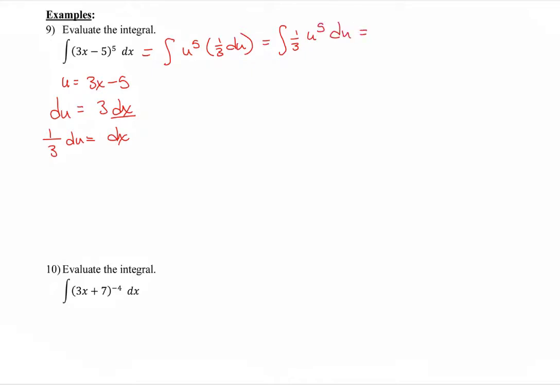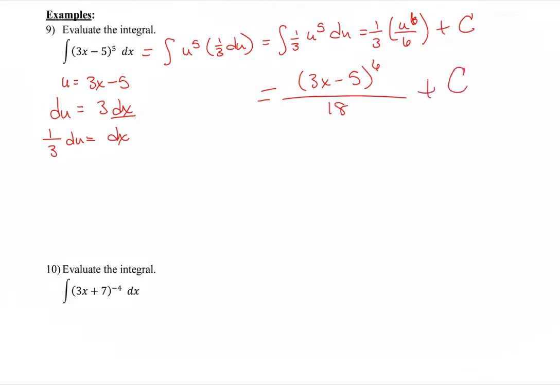Now we integrate. 1/3 is our tag along, and that's u to the 6 over 6 plus c. Now we go back to our original variable. So u is 3x minus 5, to the 6, and 3 times 6 is 18, plus c. And that's our final answer. That's all there is to it.